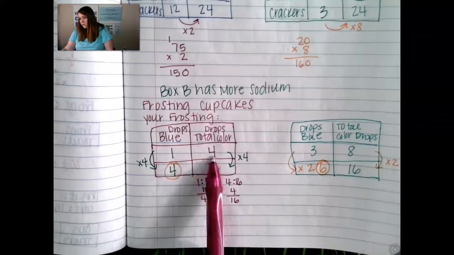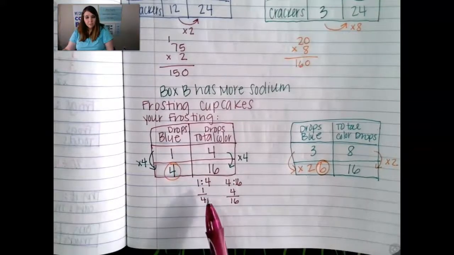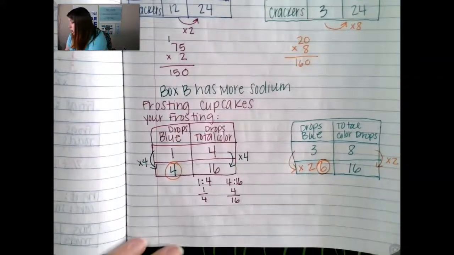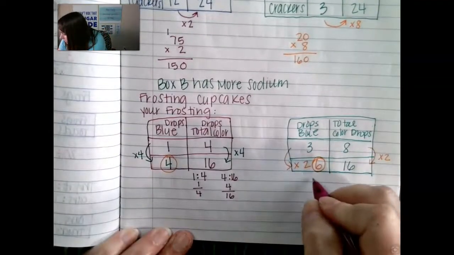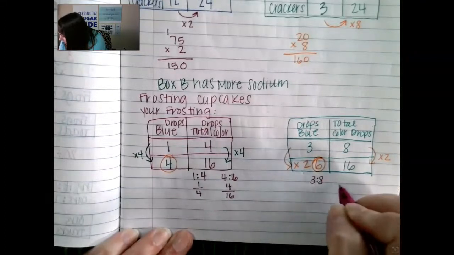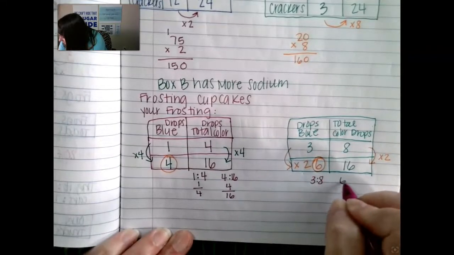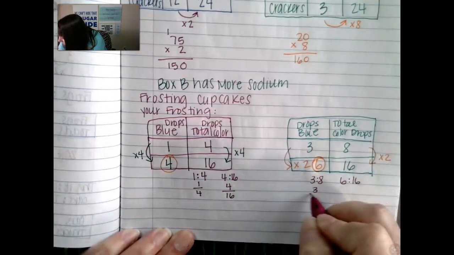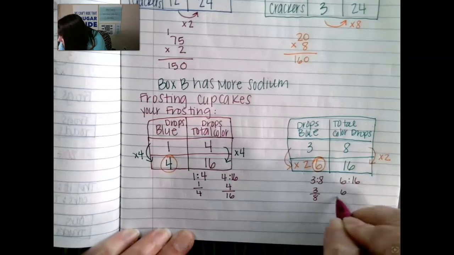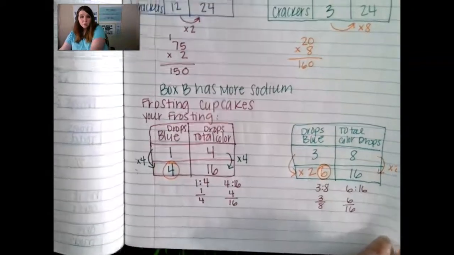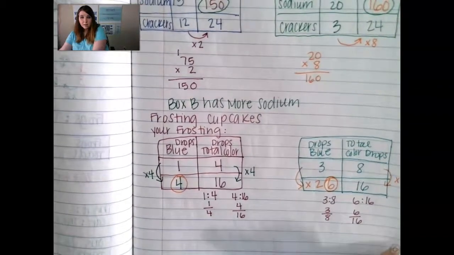So if you don't like doing it in the table going down, again, rewrite them as fractions to find the value and find the change that way. Over here, I could say 3 to 8 and 6 to 16. And so then I could go 3 over 8, 6 over 16. Either way works when you are comparing.